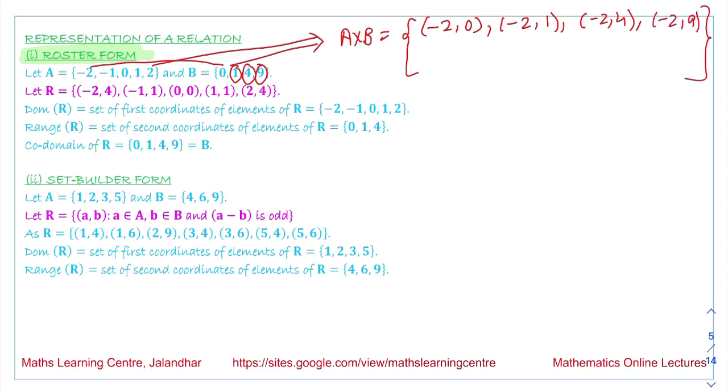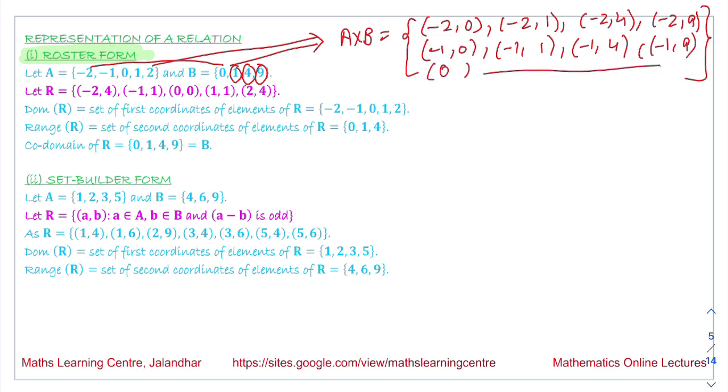We are writing the Cartesian product. Next with minus 1, we will have the elements minus 1 comma 0, minus 1 comma 1, minus 1 comma 4, minus 1 comma 9. Then with 0 we will have these elements like this, then with 1 and then with 2 likewise. So this is the complete set A cross B.